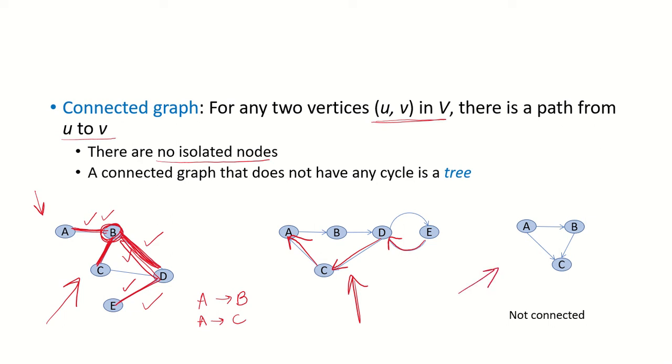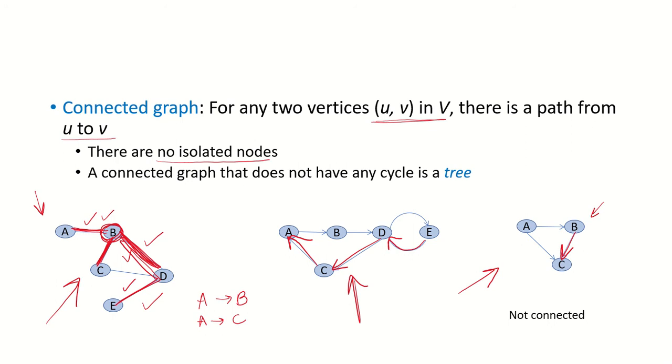Let's take this example. Here we can go from A to B. Can we go from A to C? Yes, we can go from A to B and then B to C. So from A we can reach nodes B and C. What about node B? Can we go from B to C? Yes. Can we go from B to A?